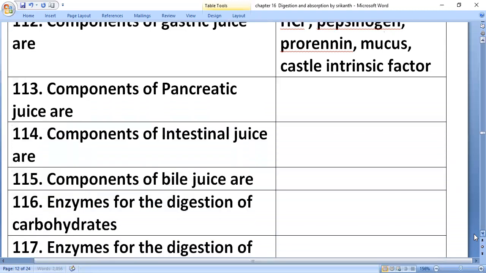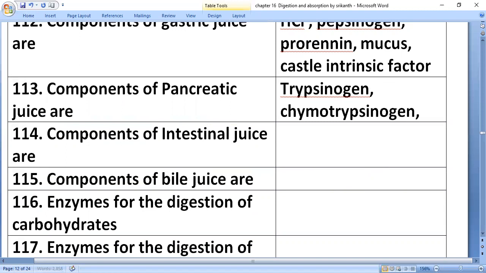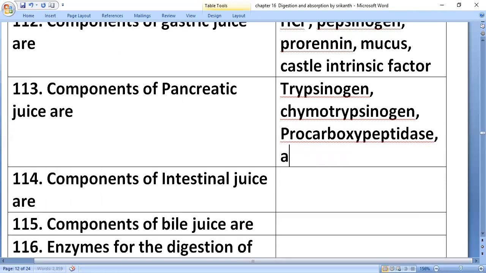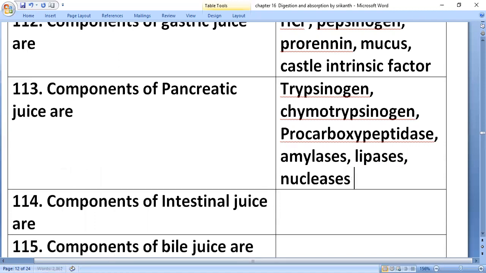Components of pancreatic juice are trypsinogen, chymotrypsinogen, procarboxypeptidase, amylases, lipases, and nucleases.